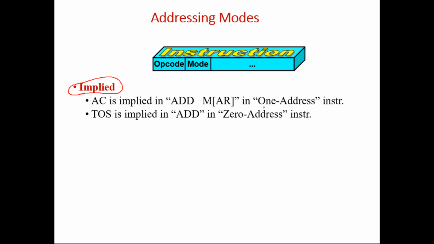Previously we have discussed one address instruction. Assume you are giving a one address instruction of this format: add M within square bracket AR. So AR means some constant value. Say for example, if I add M of 4.